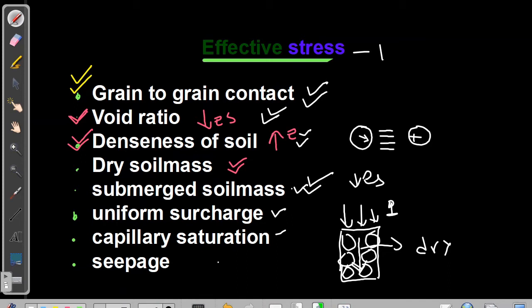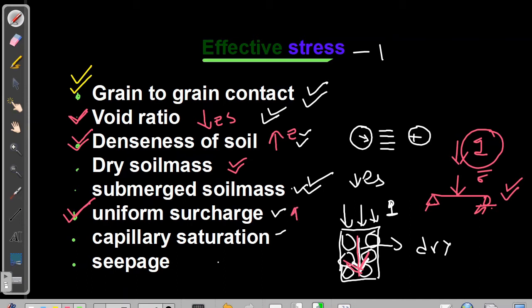Effective stress always acts downwards, and uniform surcharge also acts downwards. Like a beam, if one more load acts, obviously the load will increase.